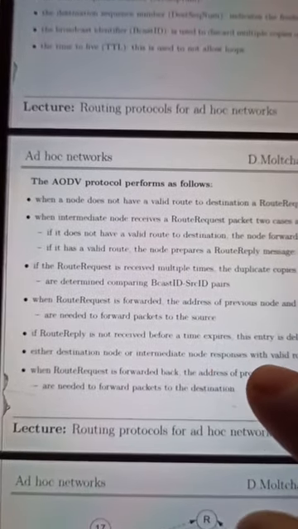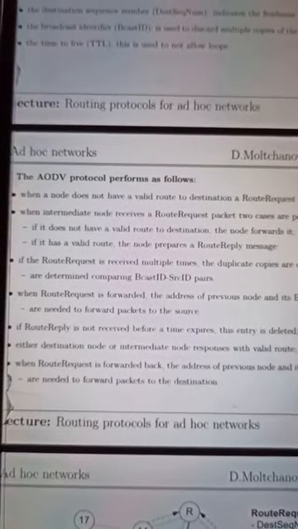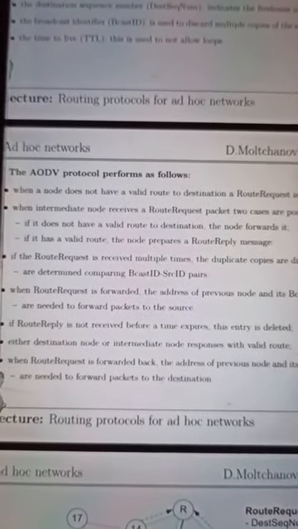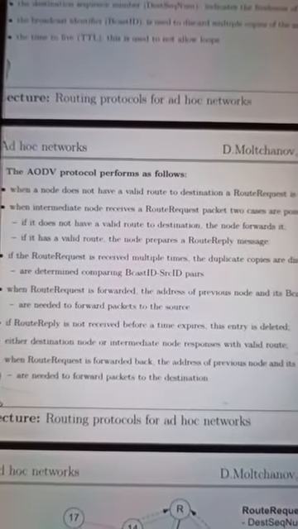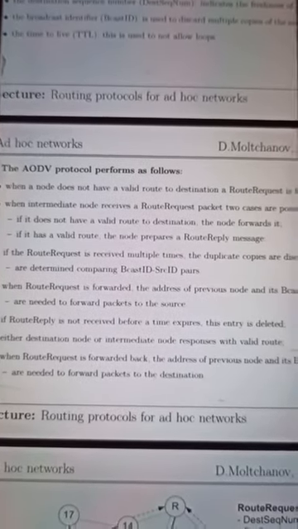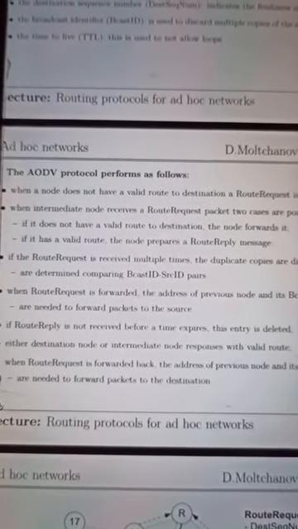If the route request is received multiple times, the duplicate copies are discarded, and this is determined by comparing broadcast ID and source ID pairs. So initially we studied what the broadcast ID does.